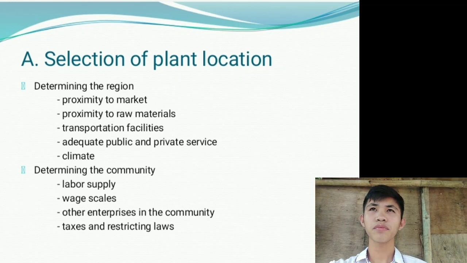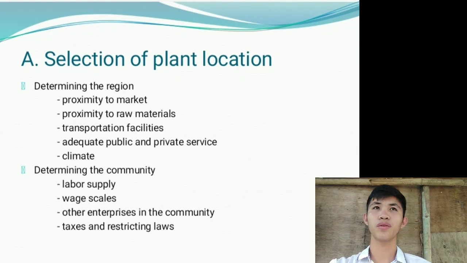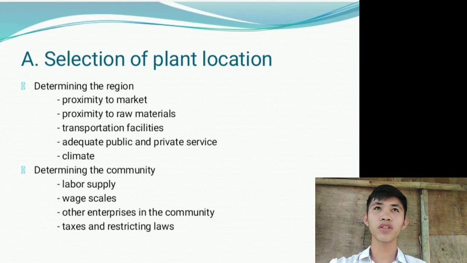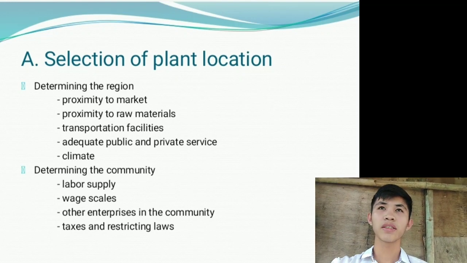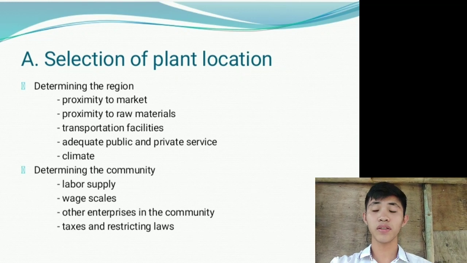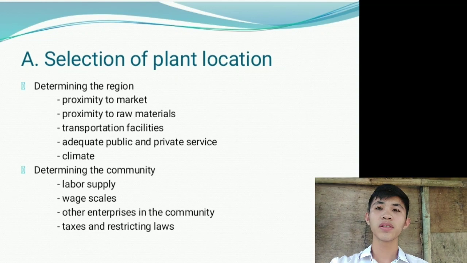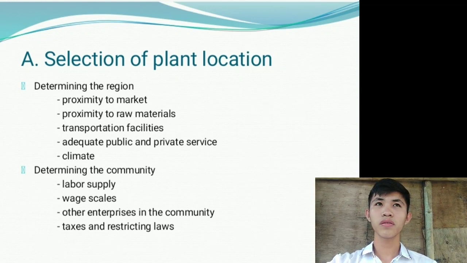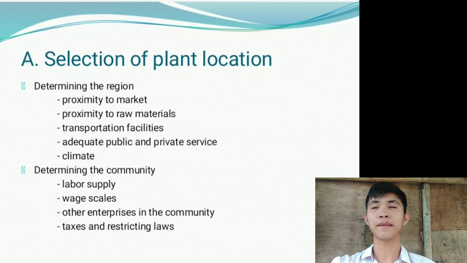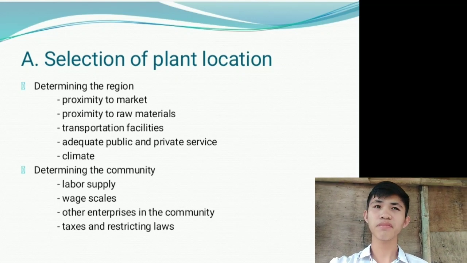For example, you will build a restaurant, of course it is still just land, you acquired a lot, so without an establishment, you will have it constructed or built.